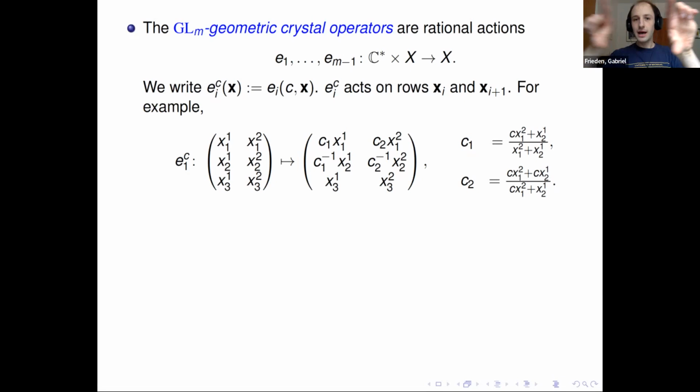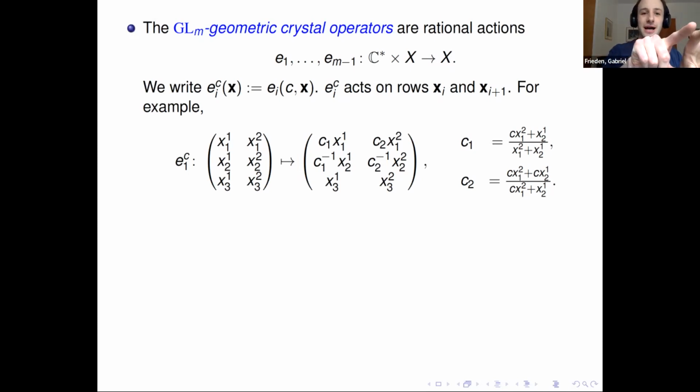But in general, we can take any M by N matrix and view this as a tensor product, the geometric analog of a tensor product of a bunch of 1-row crystals. And one thing that we'll keep doing in this talk is going back and forth between thinking of the matrix as the tensor product of its columns or the tensor product of its rows.